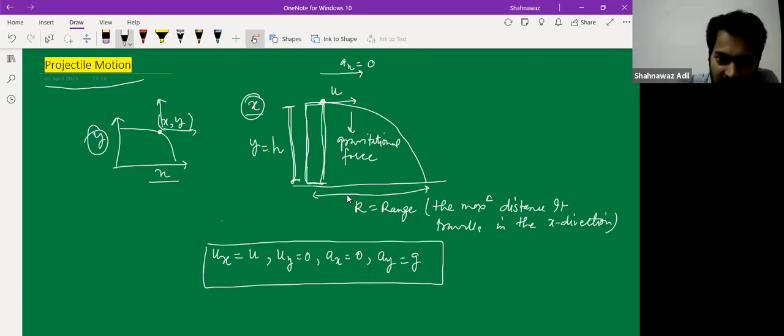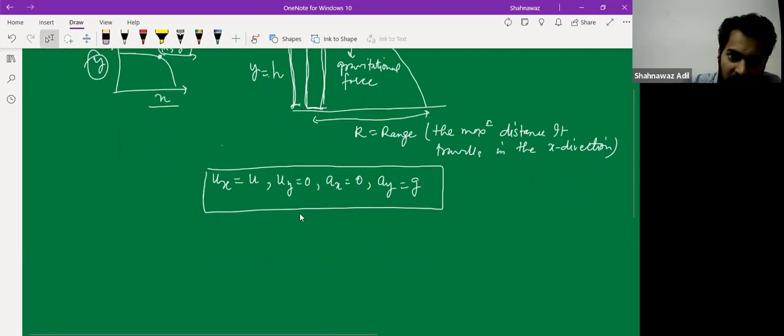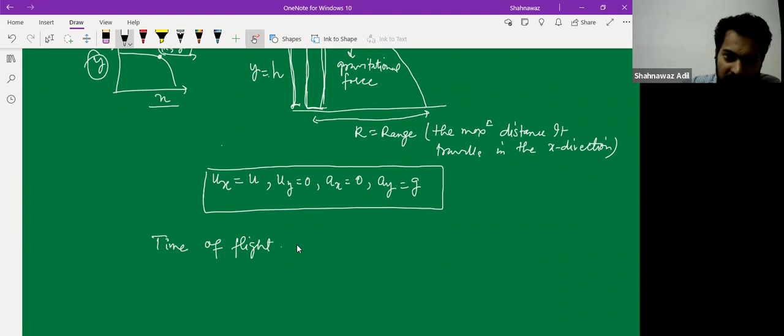So let's try to find out other parameters with the help of this information. So one is time of flight. Okay. And it is related to the time for which the body was in the air. Okay, the total time for which the body was in the air.